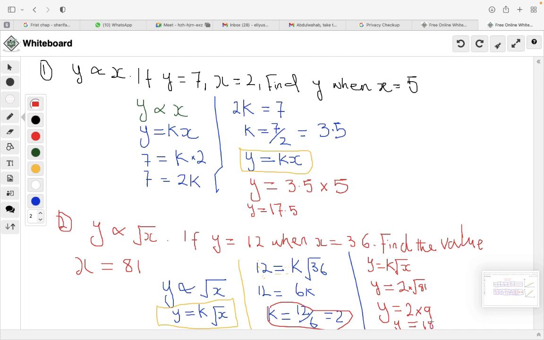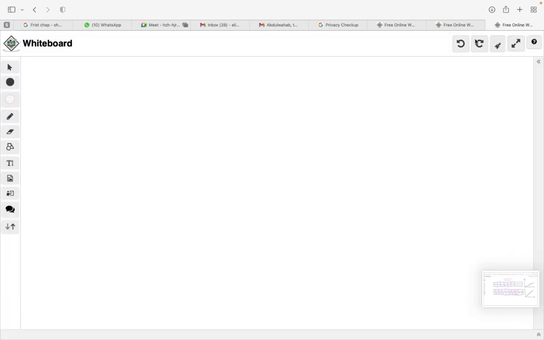Okay, so with these two examples, I think we've explained direct proportion, the direct one. Now it's time for us to go to the inverse proportion. So here we write inverse proportion, inverse variation.